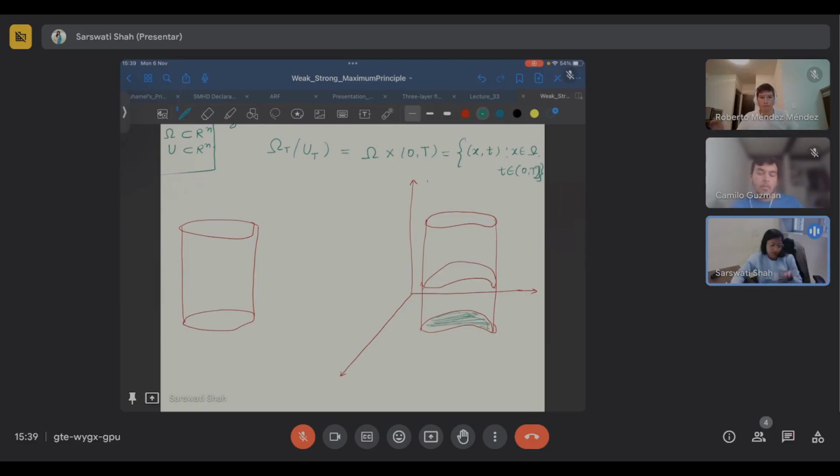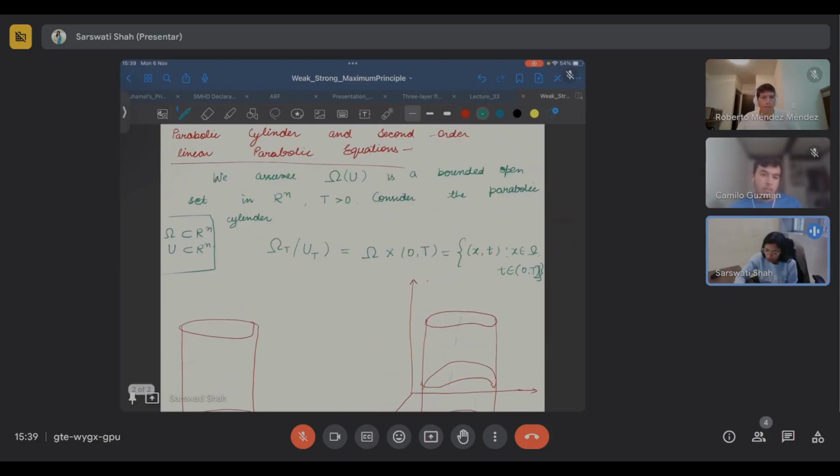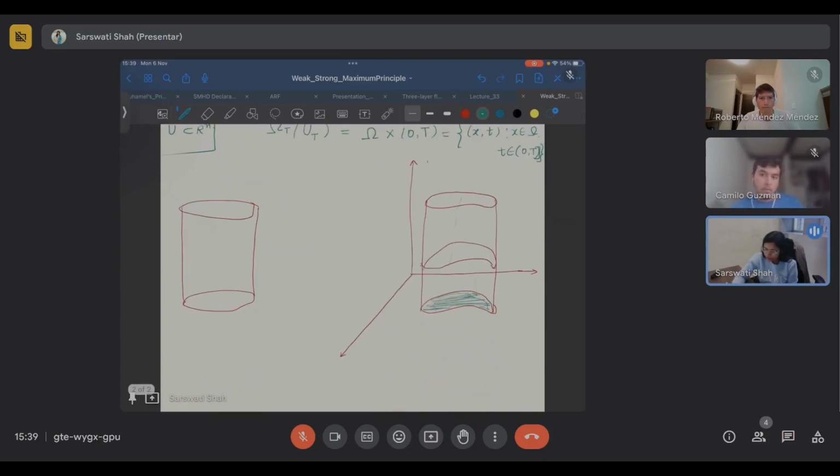Just label, when we take the cylinder and we are taking the bottom of that cylinder and all these points, this omega or u is the inner region and the boundary is this region, like this, and also the boundary of its surface.